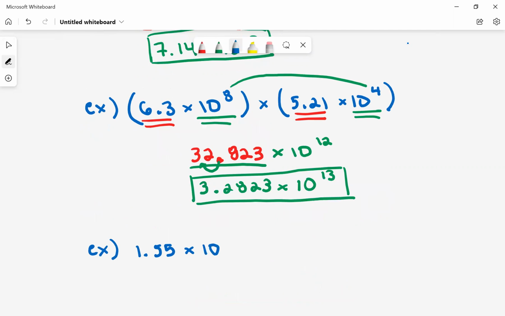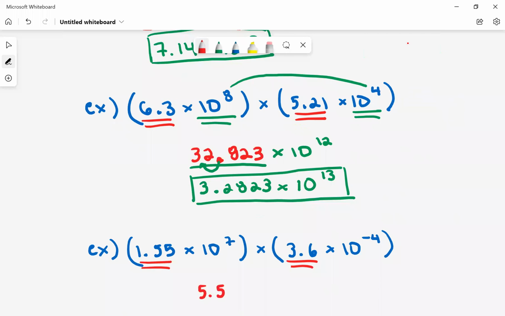And then I'm going to multiply that by 3.6 times 10 to the -4. Okay, so multiplying those. So first thing I'm going to do, I'm going to multiply the decimals. 1.55 times 3.6. Okay, that gives me 5.58. Well, that's nifty because that's going to be scientific notation. I don't have to change my answer.